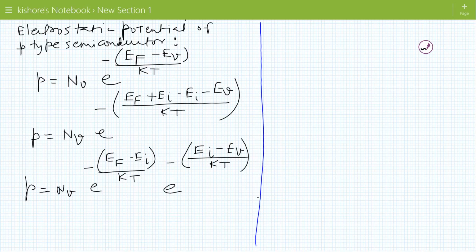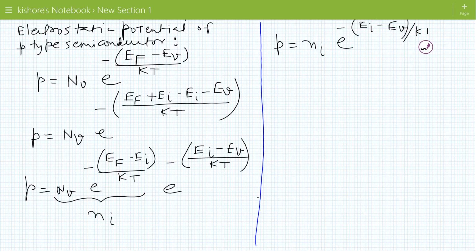Now this NV into e to the power minus of EF minus EI by KT is Ni, intrinsic concentration. So the expression for concentration of holes in valence band in terms of intrinsic concentration and intrinsic energy level is Ni e to the power minus EI minus EV by KT.